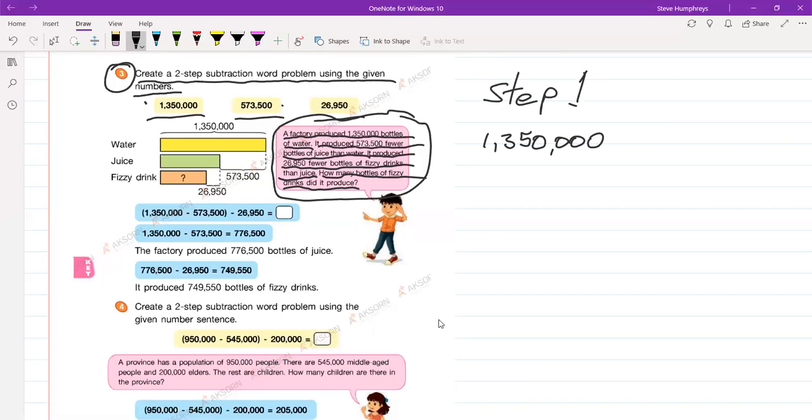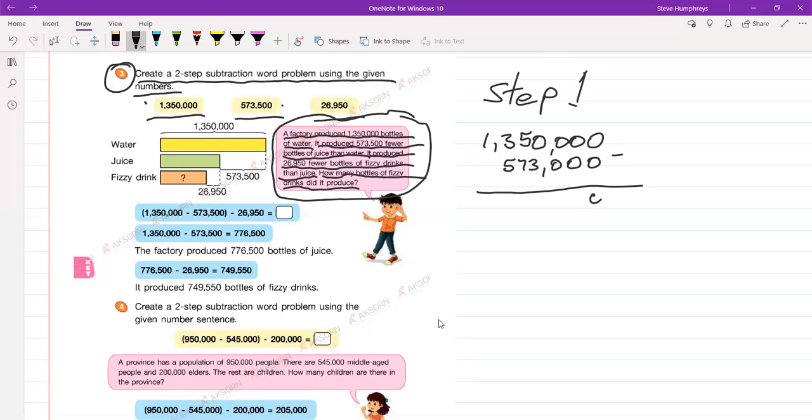That's the amount of bottles of water. And it produced this many fewer bottles of juice. Subtract. Okay, let's see if we can find the amount of bottles of juice.